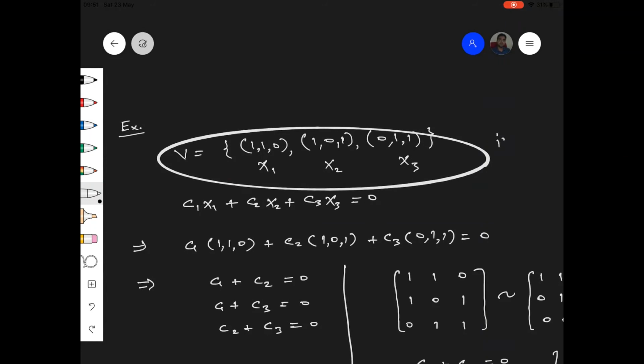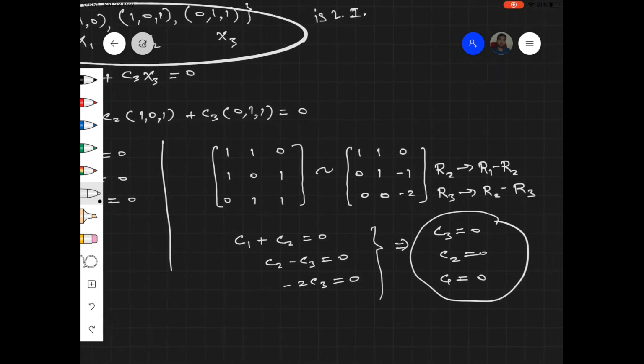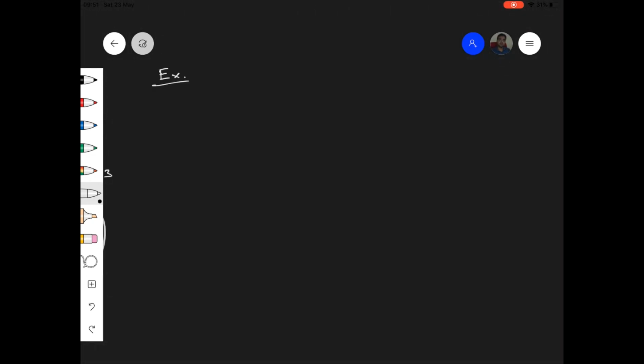Let's take another example. Again, we have the set V, which has the elements 1 1 0, 1 2 0 and 0 0 1.